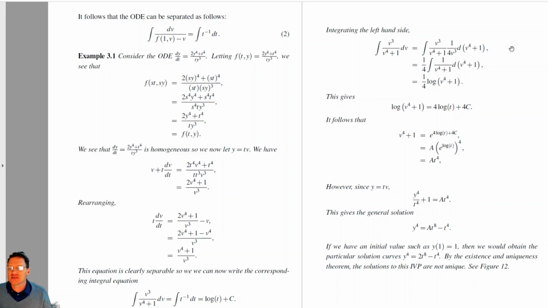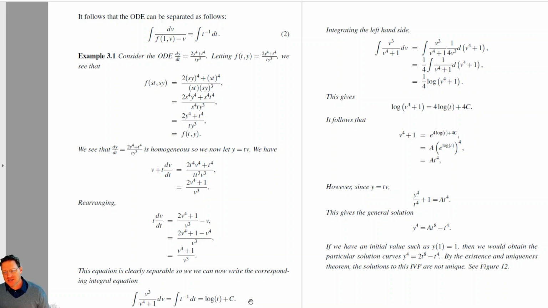And then we can see that we have 1/4 the integral of 1 over u with respect to u. Okay, so that's just log of u, or 1/4 log of v to the fourth plus 1. Now I haven't included the constant of integration here because we've already put it there when we integrated the t to the minus 1. So we don't need it twice.